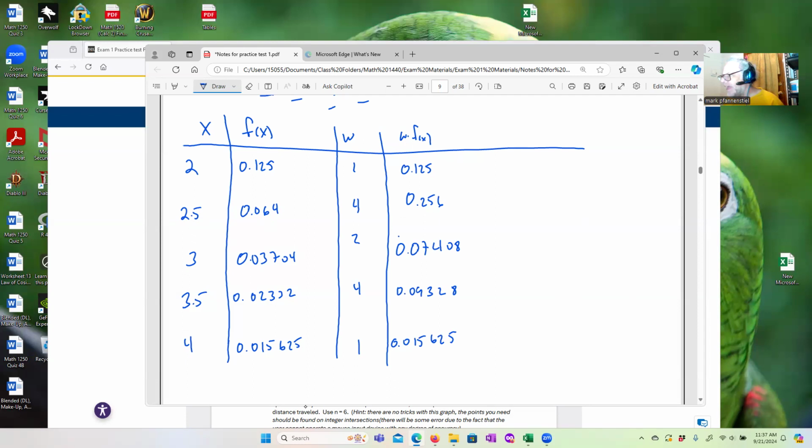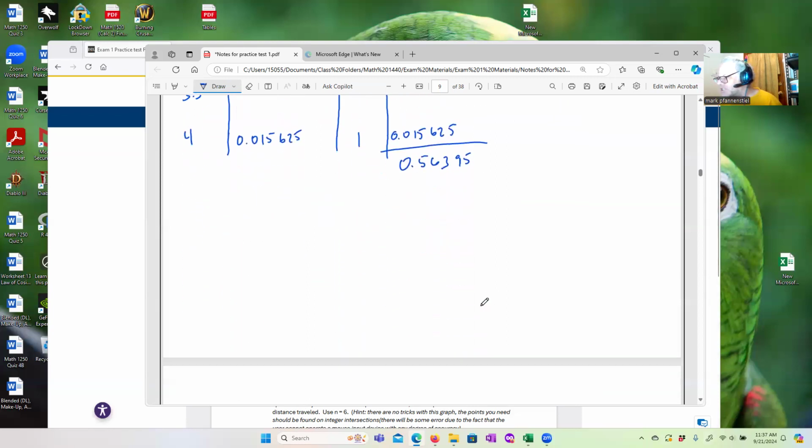And then, hey, what are we going to do next? We're going to add these guys all the way up. I got 0.5663985. Going back to my original idea here, this was b minus a over 3n times the sum of this stuff.